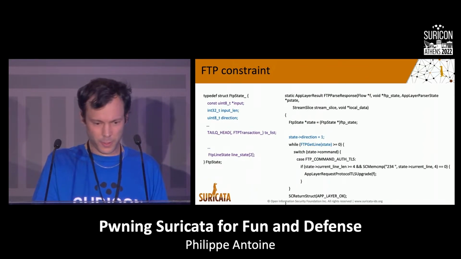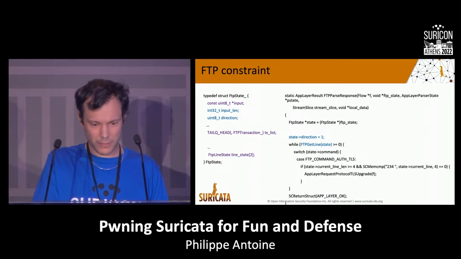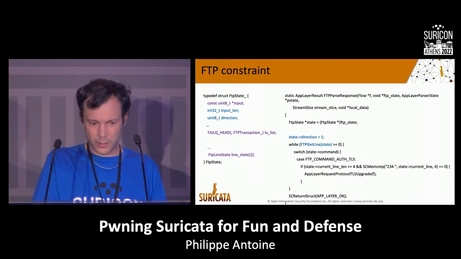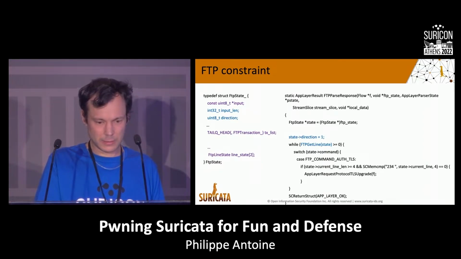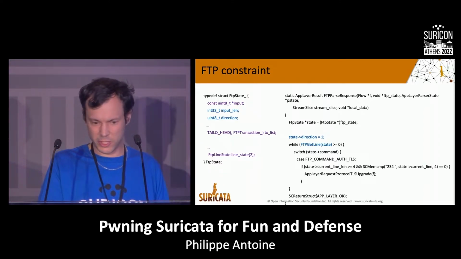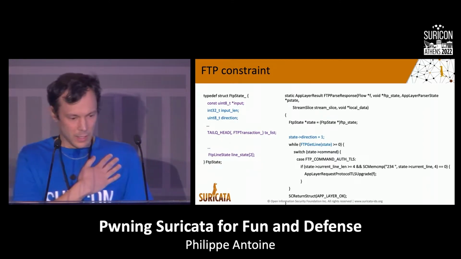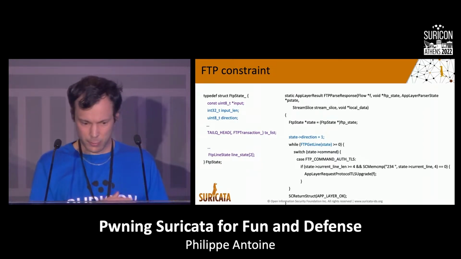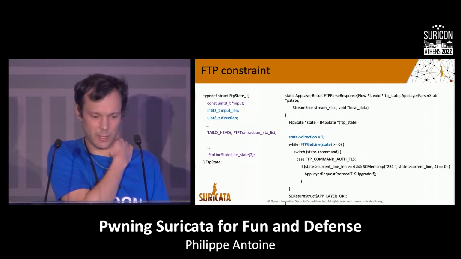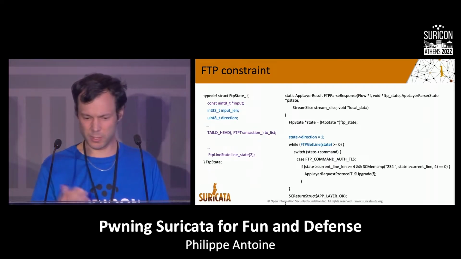And so first for FTP, looking at the constraints, we have this direction field, which will be 1 because we will request the protocol change only in the response parsing side. And we will have the FTP gain light state that will set input len to 0.